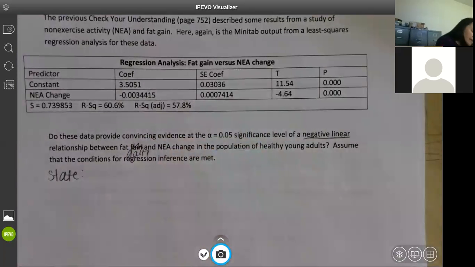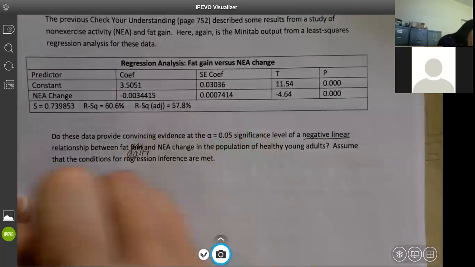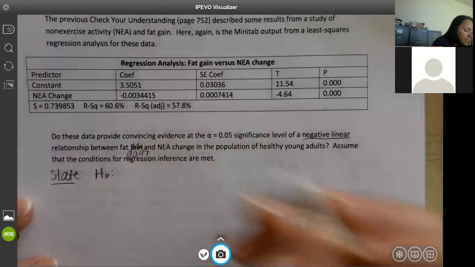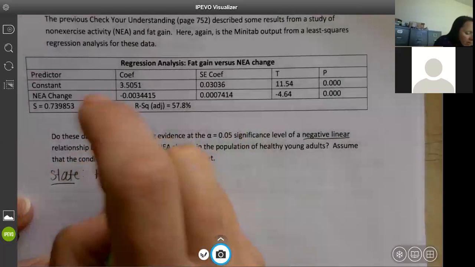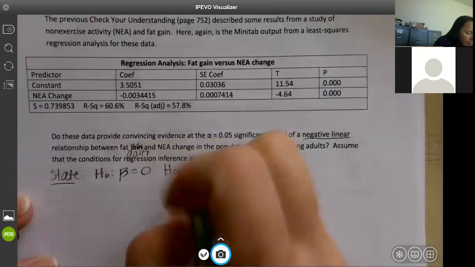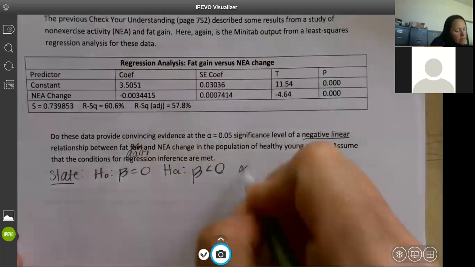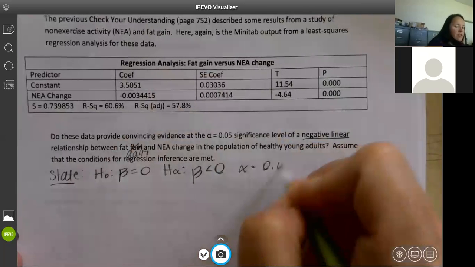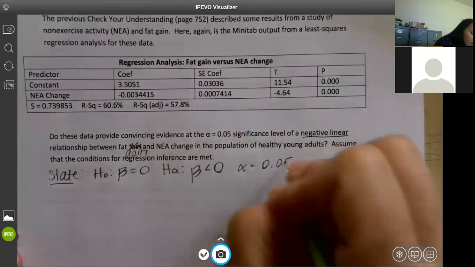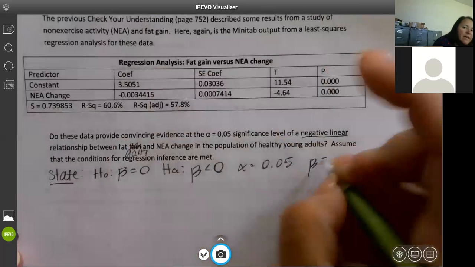So what is our state? And your first one is? And your alternative is? Very good. And then your alpha is? And then make sure, good gracious, you define what beta is.